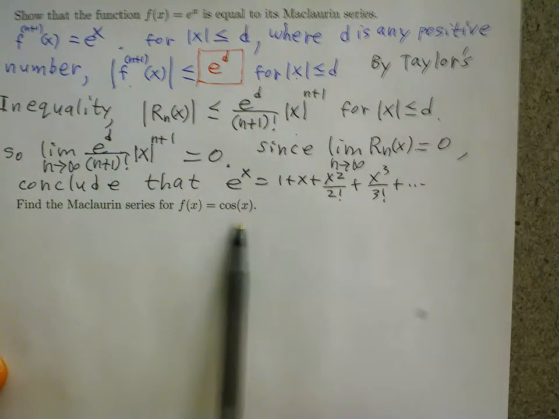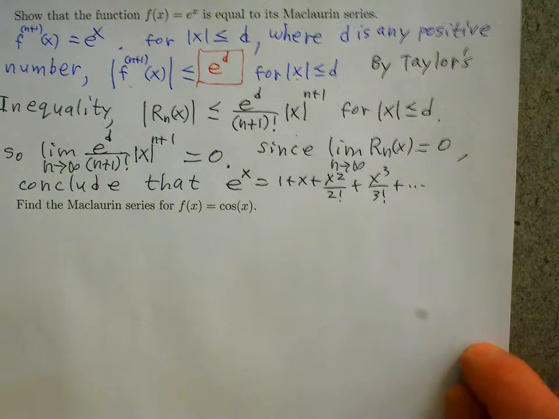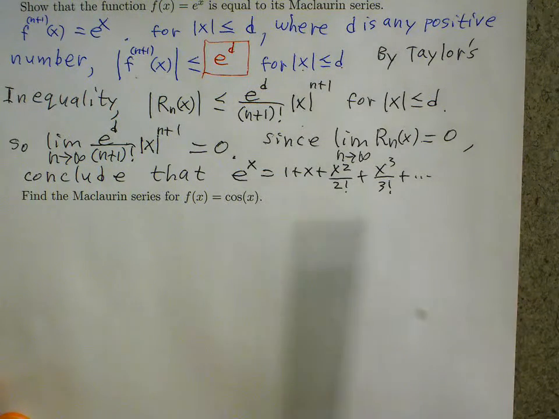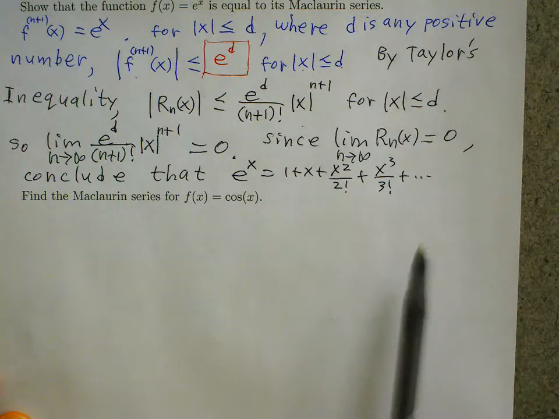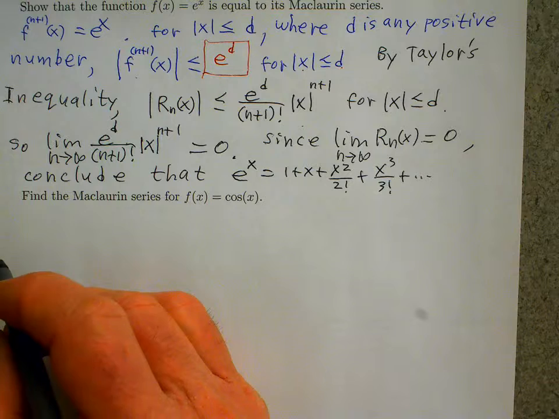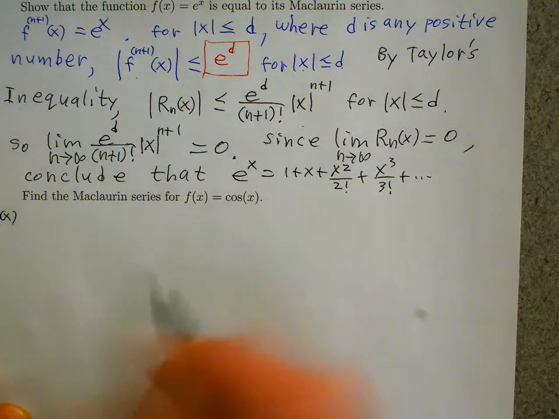Okay, let's see if we can find the Maclaurin series for f of x equals cosine of x. This will be a little bit more involved than finding the Maclaurin series for e to the x. So let's start making a list.